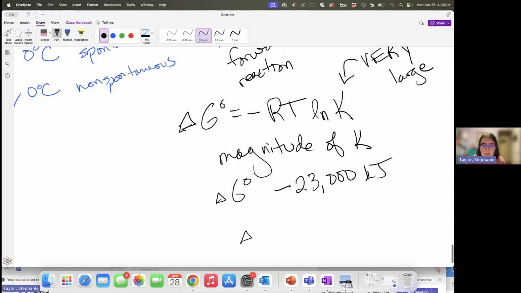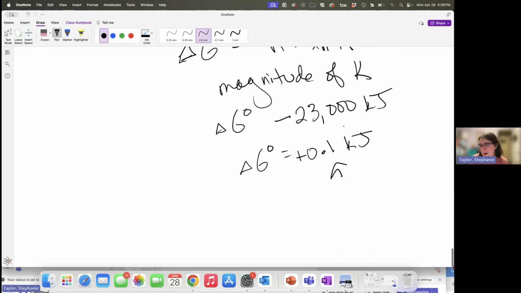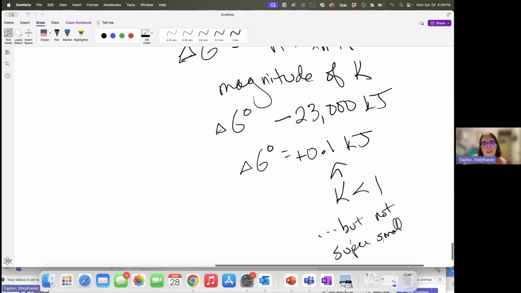Same idea, if my value of delta G standard was something like positive 0.1 kilojoules, then this is non-spontaneous, but it's not very non-spontaneous. So we expect K to be small, K to be less than 1, but not super small. Probably 10 to the negative 2, 10 to the negative 3 small, but not 10 to the negative 48.